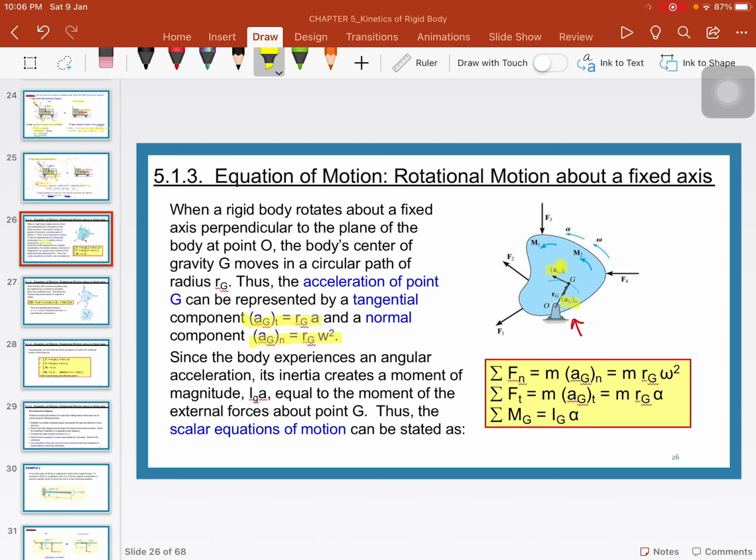Since the body experiences an angular acceleration, its inertia creates a moment of magnitude IG alpha, equal to the moment of the external forces about point G. Thus, the scalar equations of motion can be stated as: summation of Fn equals M AGN equals M RG omega squared; summation of Ft equals M AGT equals M RG alpha; and summation of moment at G equals IG alpha.